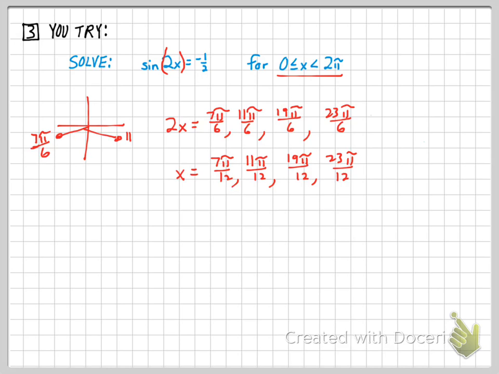But because it's 2x, I have to go around the circle twice, and so I also need to add 2 pi to each of those to get the second answer. That's where the 4 answers I came up with initially come from. And then when I solve for x, I divide all of those by 2. So those are the 4 solutions to this problem.